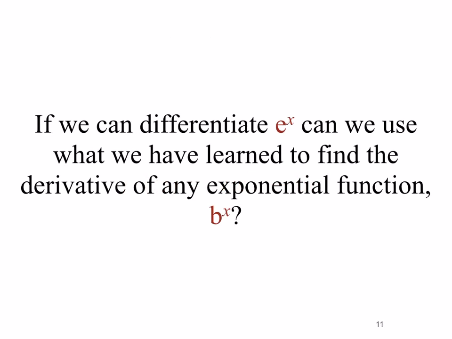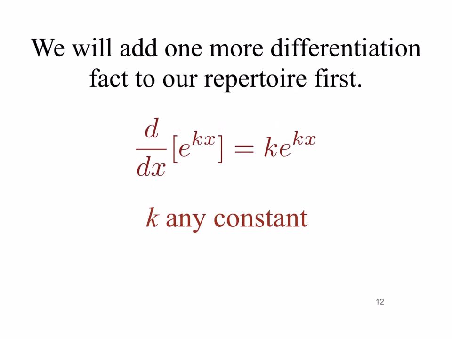So one might ask, if we can differentiate e to the x, can we use what we have learned to find the derivative of any exponential function, say b to the power of x? In order to do this more easily, we're going to add one differentiation fact to our repertoire, and that is that the derivative of e to the power of k times x is equal to k times e to the kx, and this is for k being any constant.